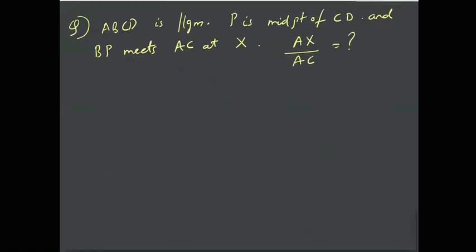Okay. So ABCD is a parallelogram and P is the midpoint of CD, and BP meets AC at X. You need to find the ratio of AX over AC.